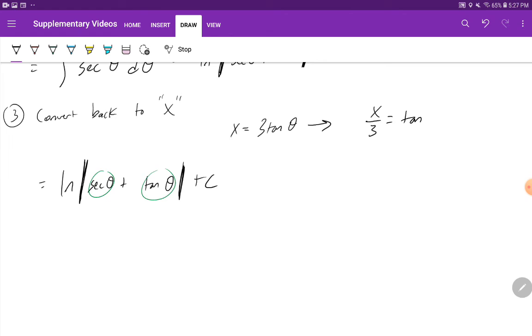Why? Because I can use what I know about right triangles to come up with... Oh, that is such an ugly triangle. I'm sorry, guys. I can use what I know about right triangles, right? And if I call this theta, to figure out what secant is in terms of x. So once again, we know what tangent theta is.